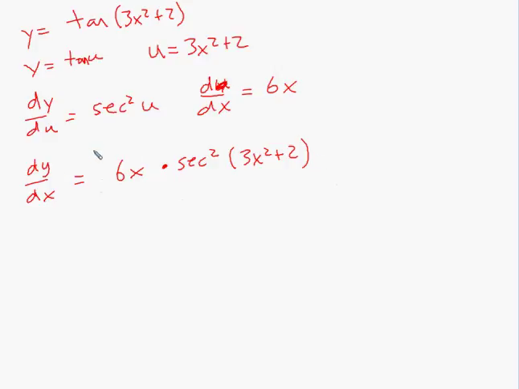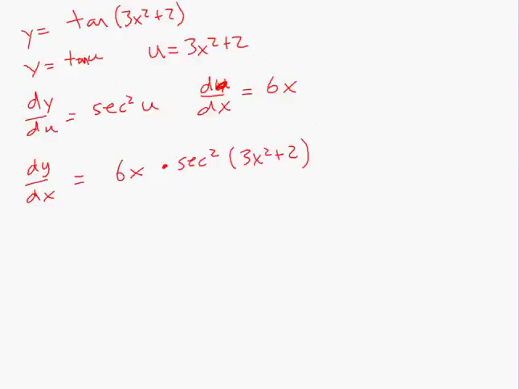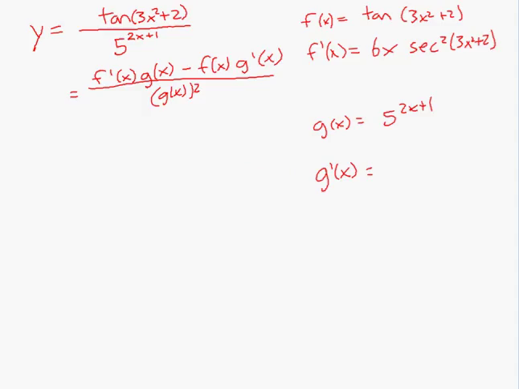That is my derivative for this. Okay, so I'll go back here, I'll just write that down. 6x secant squared of 3x squared plus 2. Is that what we had? Yes.